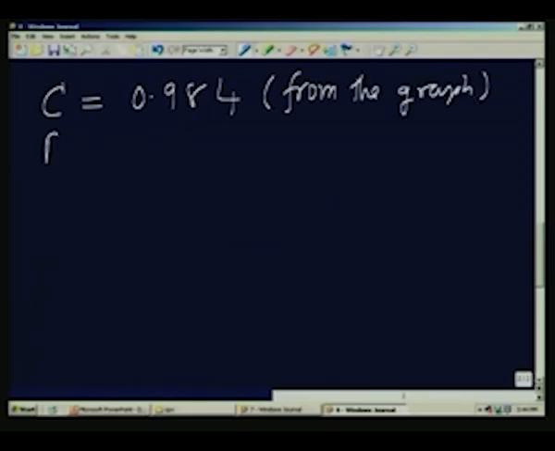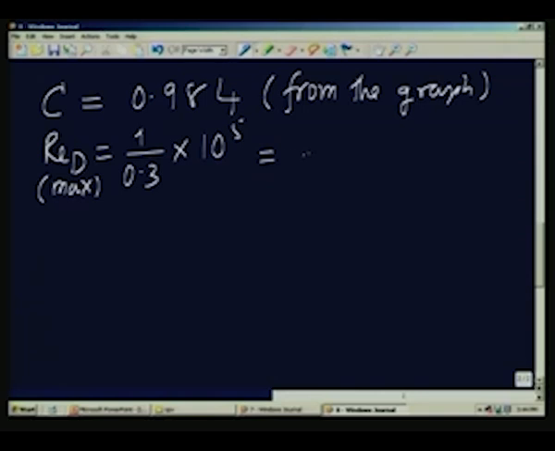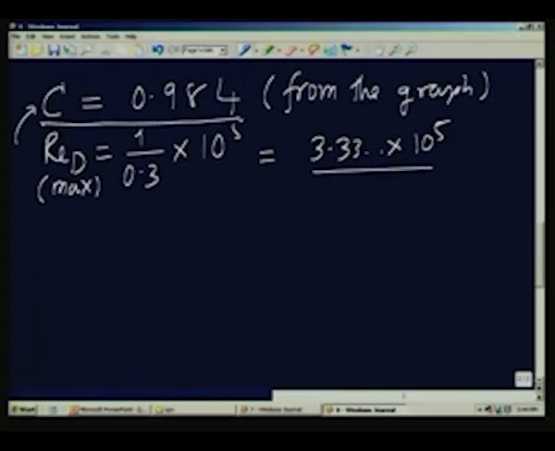So we will just mention here from the graph. This corresponds to Reynolds number 1 over 0.3 times 10 to the power of 5, which is the maximum value in this particular application. This is 3.3 recurring in 10 to the power of 5, and corresponding to that, this is the value of C which I am going to get. All I have to do now is substitute this value of C and the corresponding mass flow rate in the formula we used earlier.